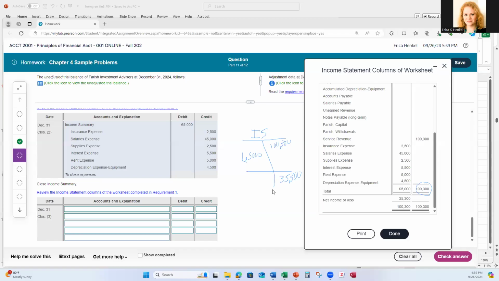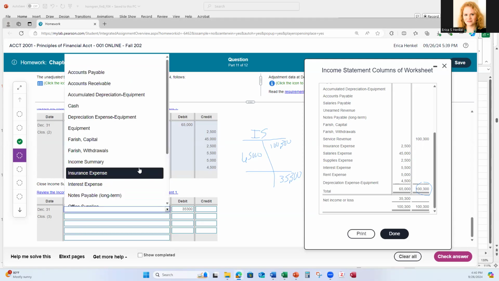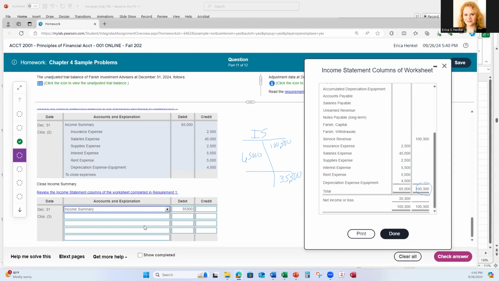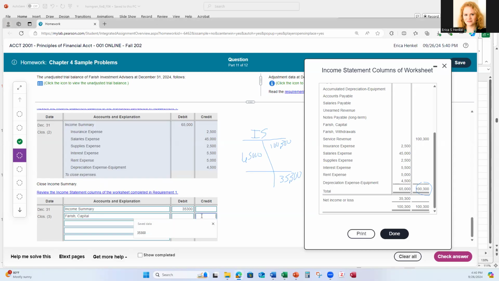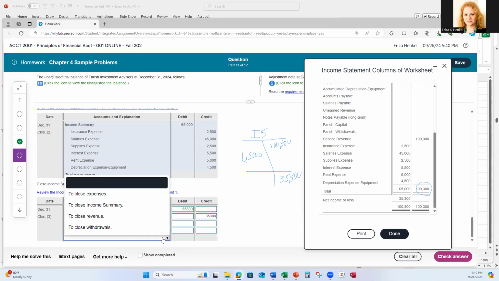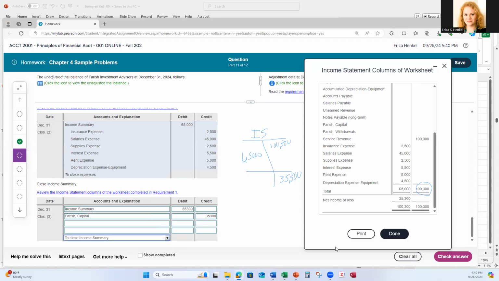So if it has a credit balance in it, to close it out, we would need to debit it. And then where that's going to go is into Farah's Capital. Okay. And so that's going to be to close income summary.